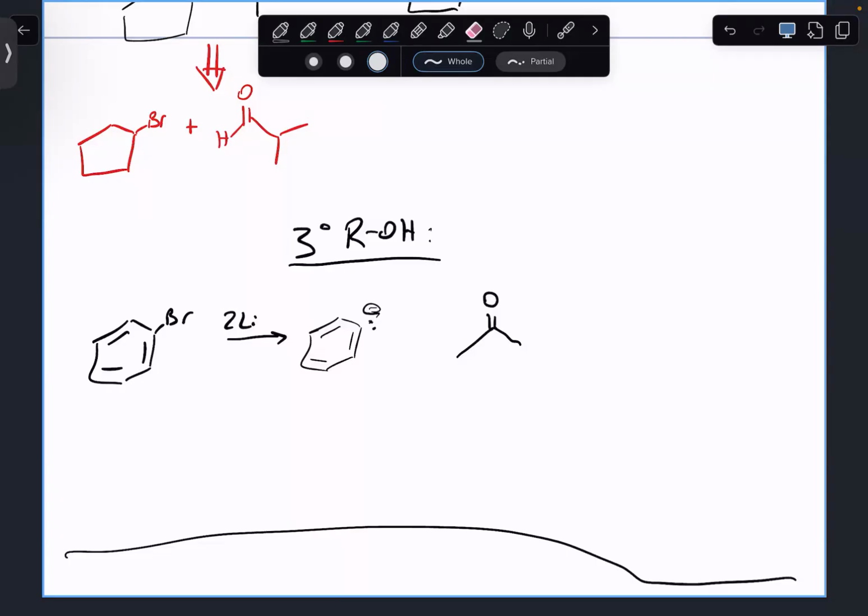So we're going to make this benzene type anion, and it will, like all the cases before, be attracted to the carbonyl carbon. Only this time, look at the carbonyl. This time the carbonyl we're using is not an aldehyde, but rather a ketone. But in terms of mechanism, it's exactly the same.